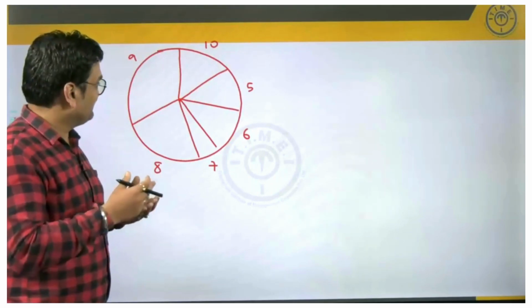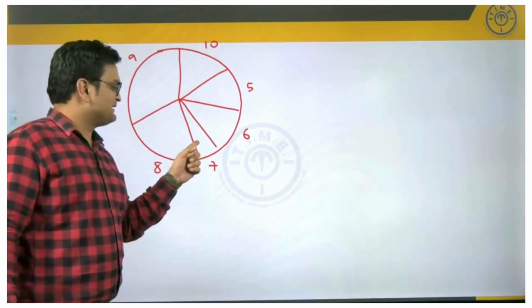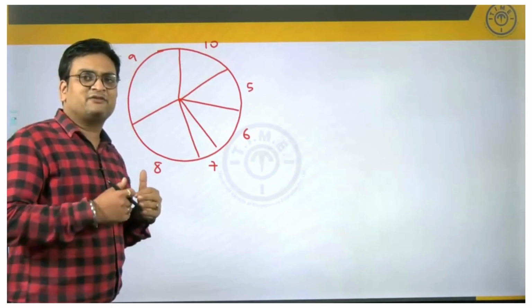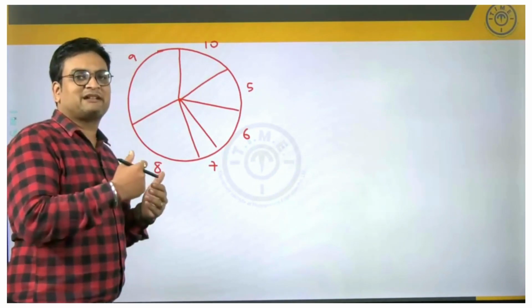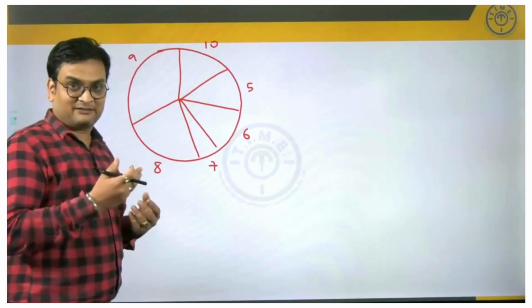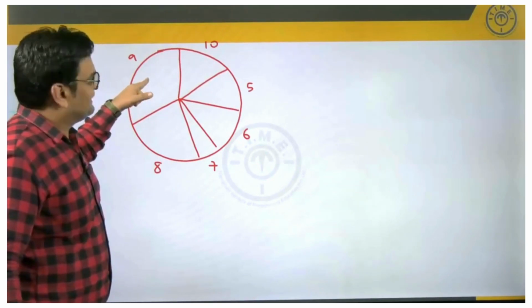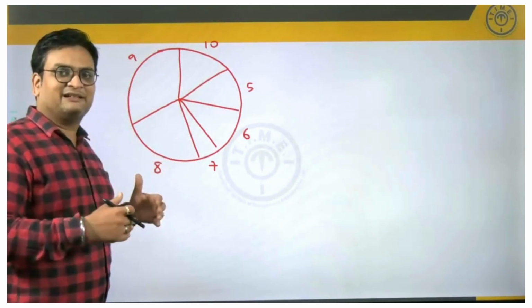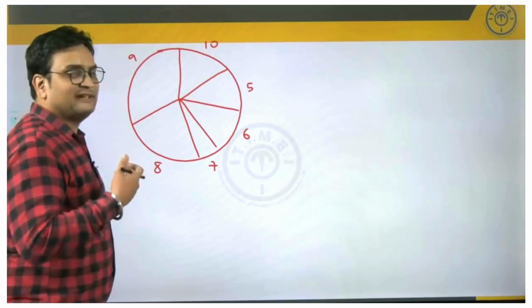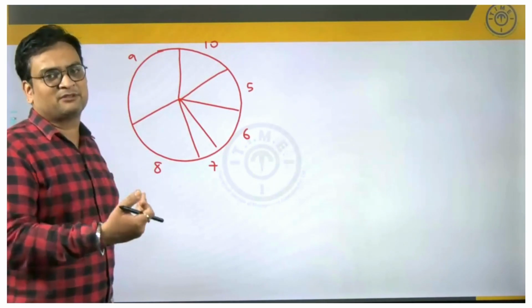For example, here one may notice that class 7 has the smallest sector, and hence we can conclude that class 7 must have had the least number of students. Similarly, class 9 appears to be the largest, it has the largest area, and thus we can conclude that class 9 will have the maximum number of students.